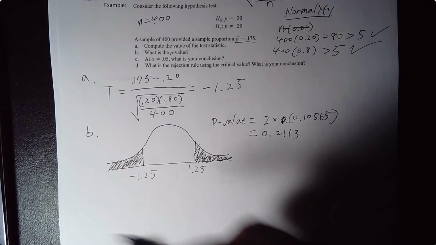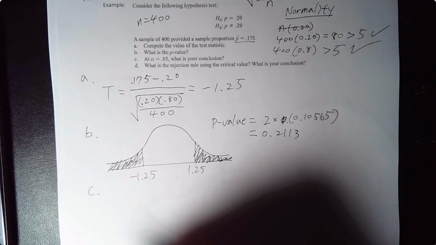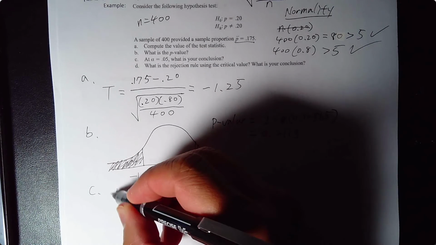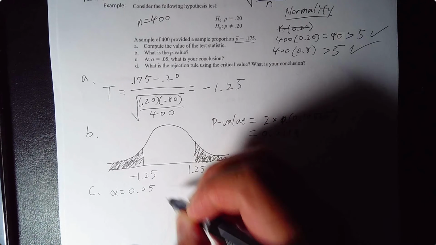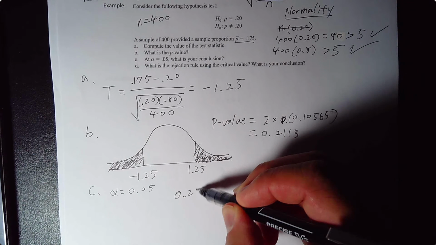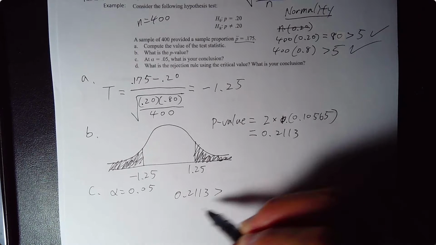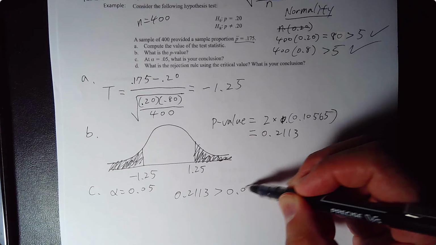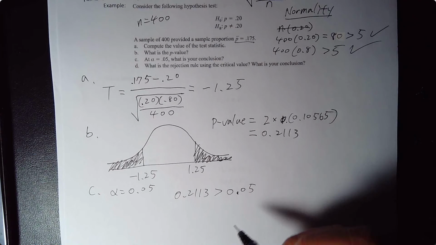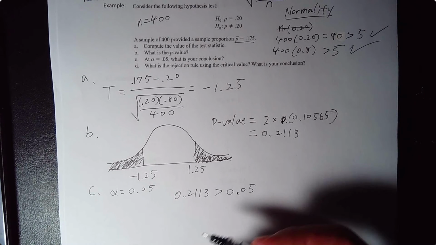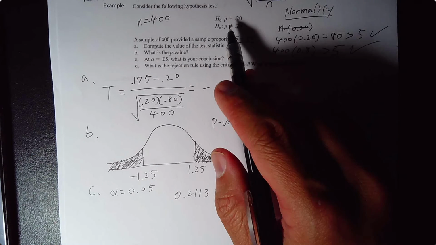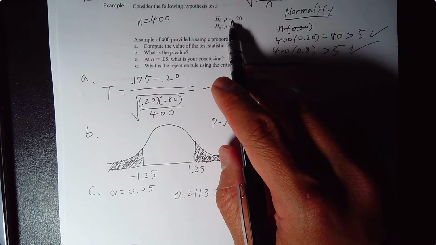Part C. Let's compare the p-value to our alpha. Our alpha equals 0.05. So 0.2113 is clearly much greater than 0.05. Again, that just means our observation is not that extreme. If it's not that extreme, then we have no reason to reject our null hypothesis.